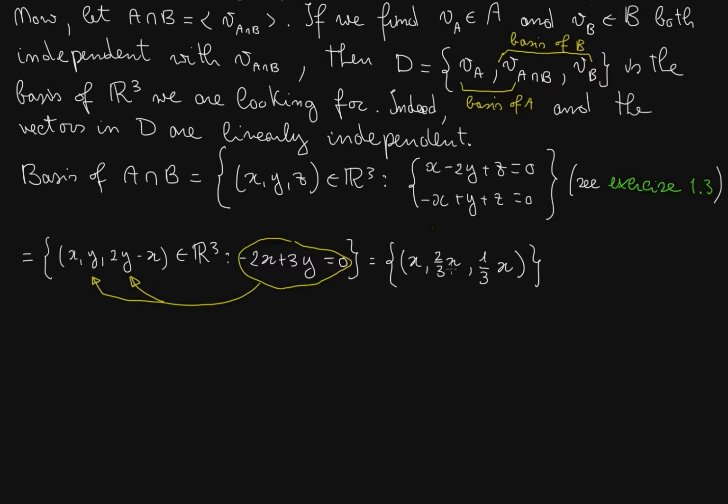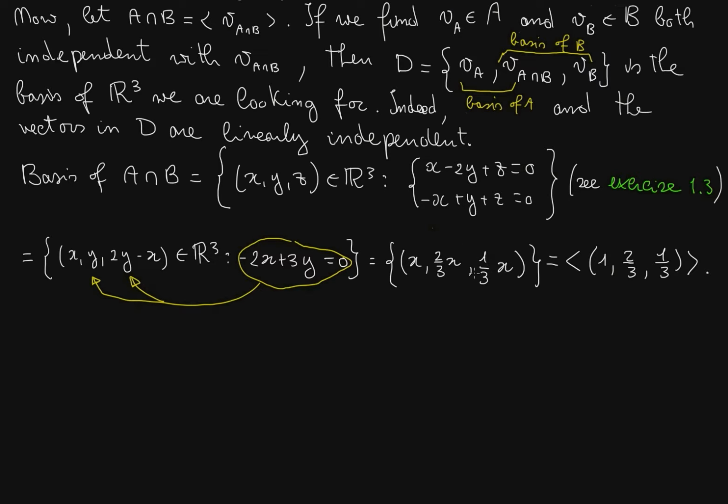So y is 2/3 times x, and z is 2y minus x, but once again implementing the relation expressing y as a function of x, we are reduced to 1/3 times x. So A intersection B can be expressed as the set written in the following form: the generic vector will be x, 2/3 x, and 1/3 x, where x is left free to vary unrestricted.